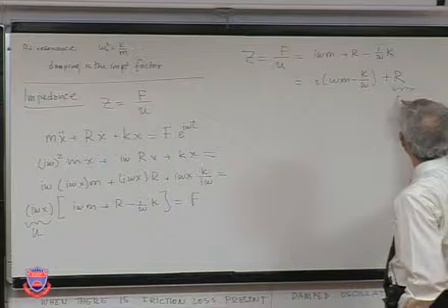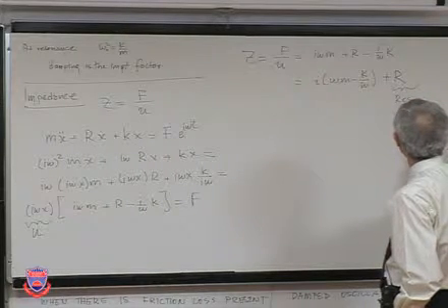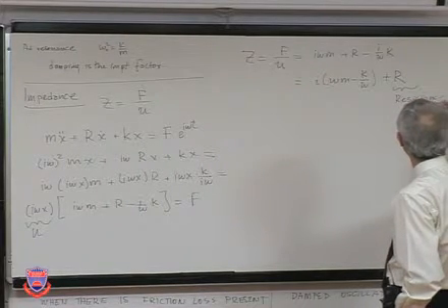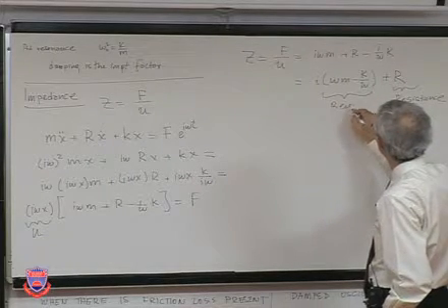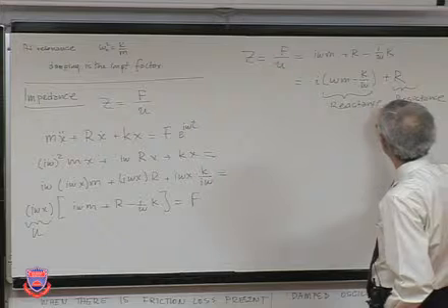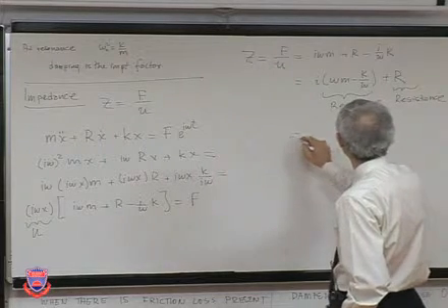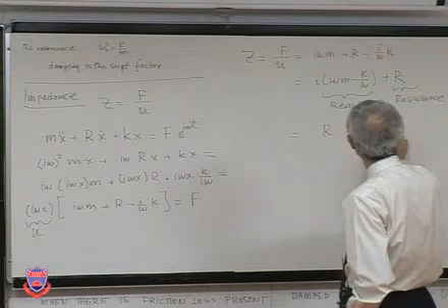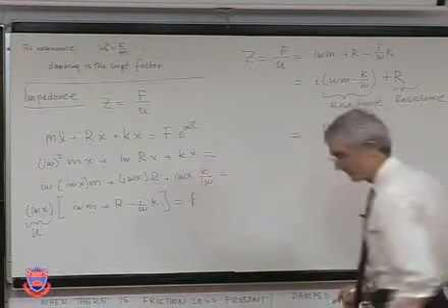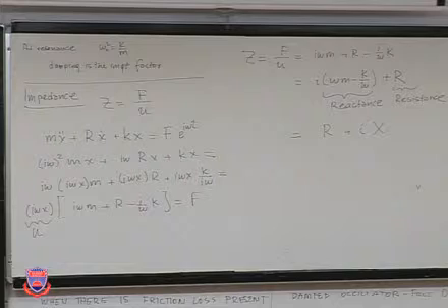This is what we would call the resistance. And this is the portion that's reactance. And we can write it as R plus iX. Okay. This is an impedance expression. That's a complex expression.